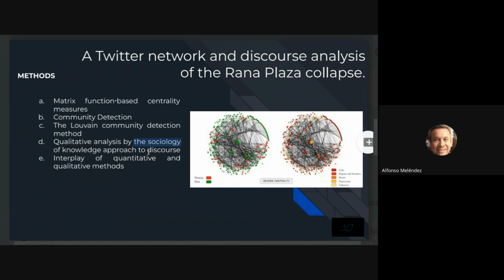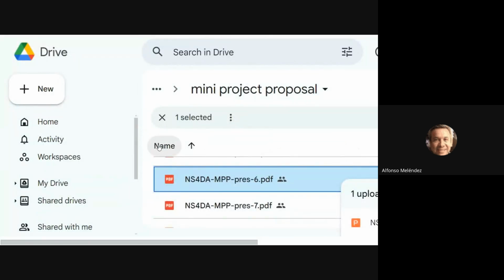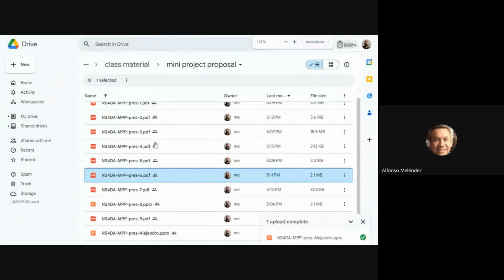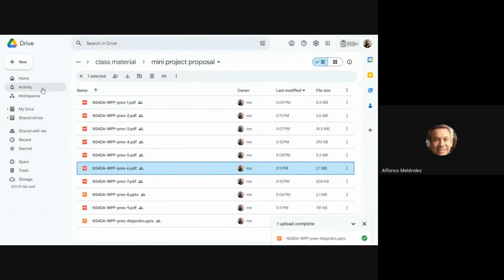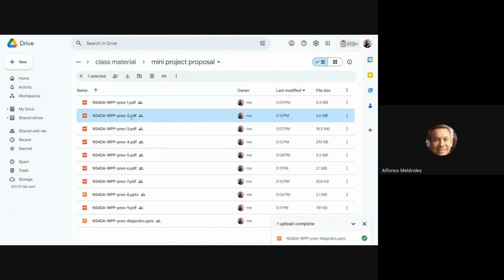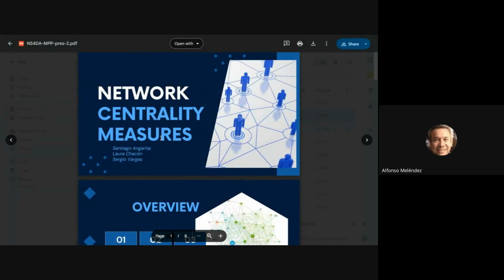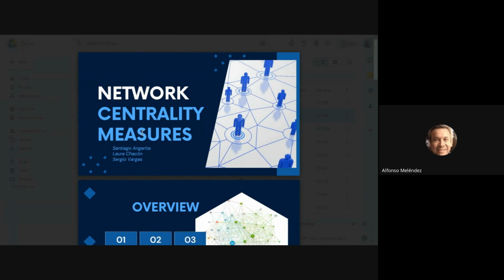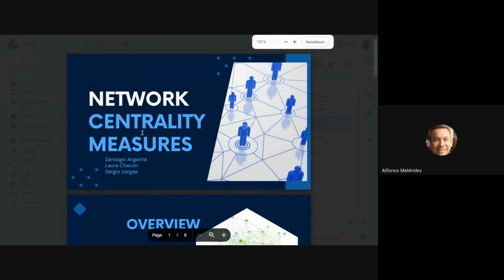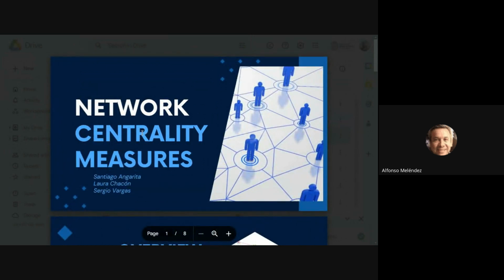I said in the last session that it is typical of this course that the students include topics that are not seen in the course, because network science and data science are very broad. So there are new topics. For example, multi-layer networks.